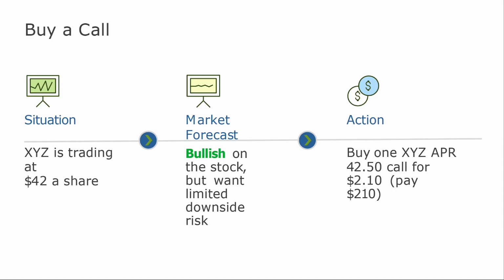In this case 2.10, but remember we always have to calculate by 100. But in this case, what does it mean? It means that you pay $210 and this is the maximum that you are going to lose. And it's giving you the possibility to play with 100 shares at $42.50 per each one.